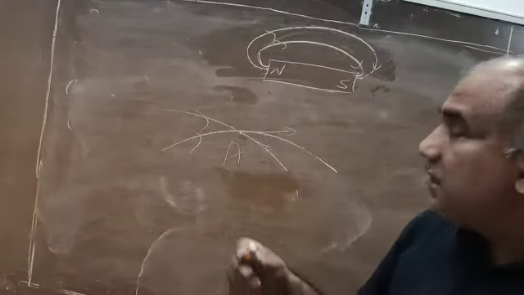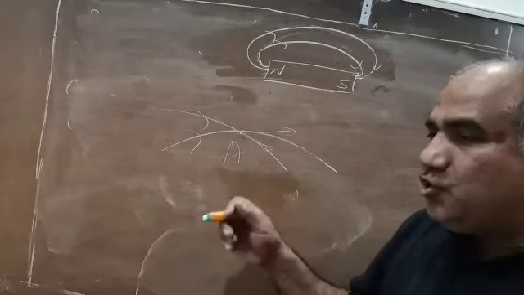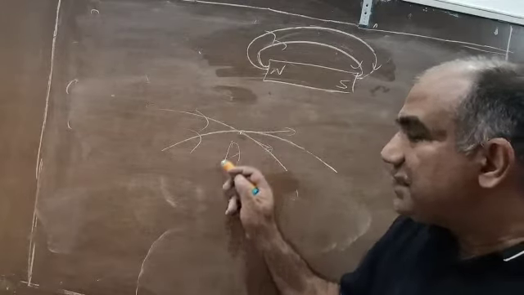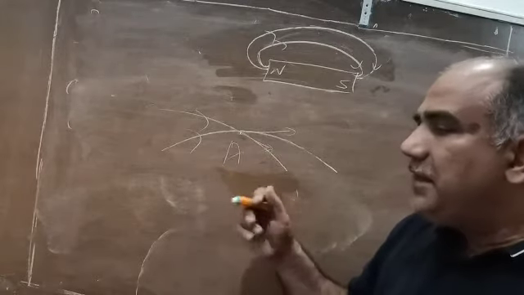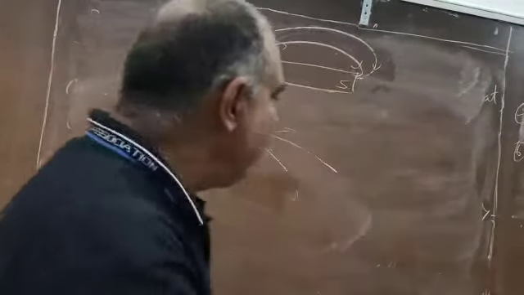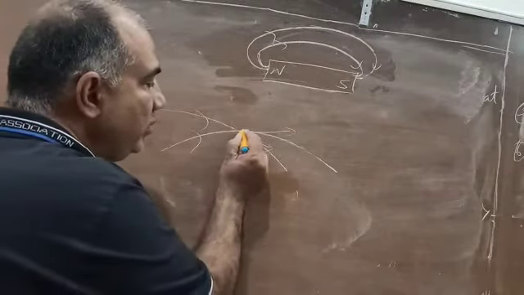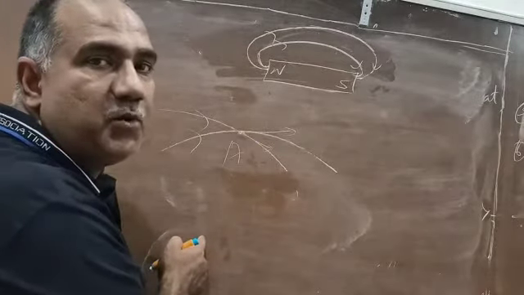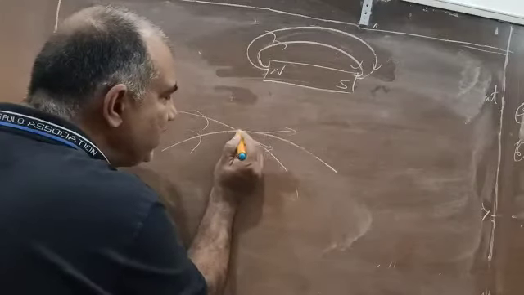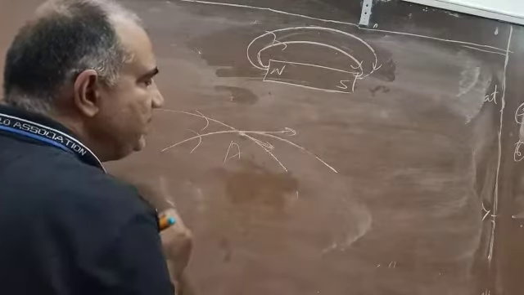In other words, if we assume that two magnetic field lines produced by the same magnet can intersect each other, then recall that while defining the direction of the magnetic field, we said the direction of the magnetic field at a point is the direction in which the north pole of the magnetic compass points when kept at that point. So if you keep the magnetic compass here, one will be this direction and another will be this direction.